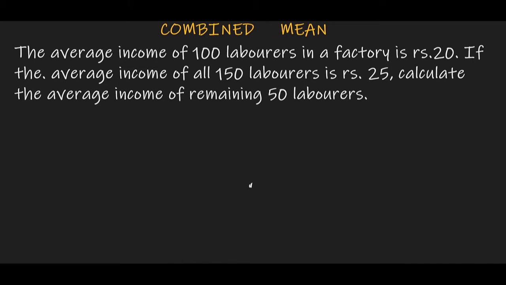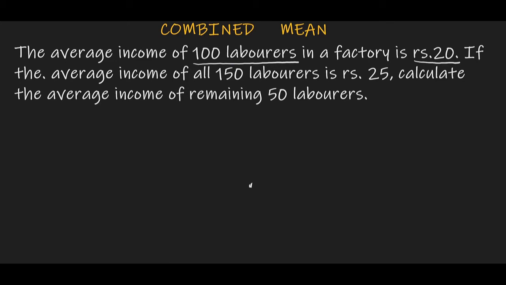Let's see another example of arithmetic mean. So here the question is, the average income of 100 laborers in a factory is rupees 20. If the average income of all 150 laborers is rupees 25, calculate the average income of remaining 50 laborers. So see here carefully that first of all it is written that 100 laborers in a factory are working and their average income is 20.